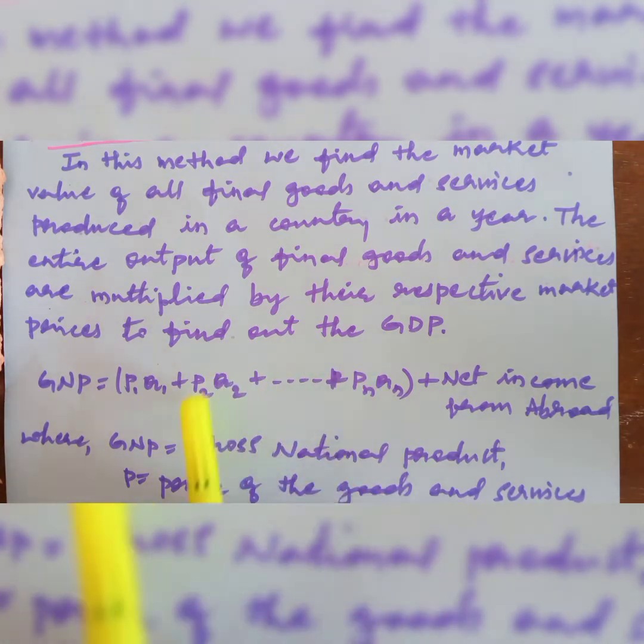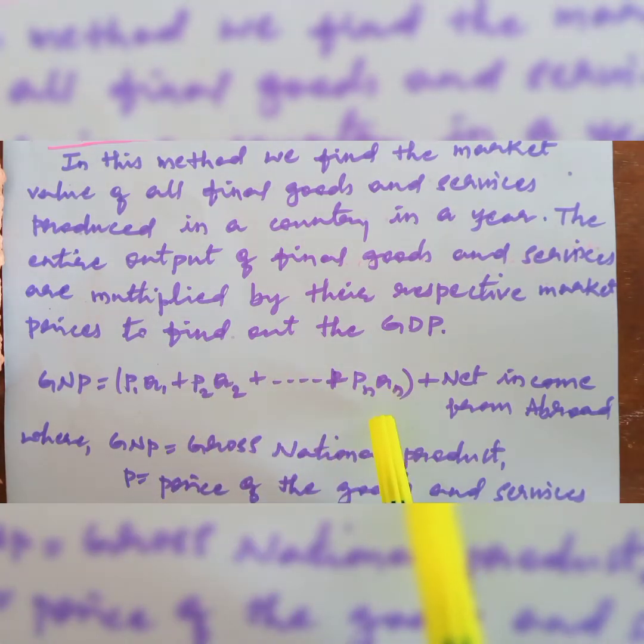So which type of goods and services are multiplied in this method? All types of goods and services related to each and every sector, that is agriculture sector, industrial sector, service sector. Based on these three sectors, all goods and services will be multiplied with their respective prices.